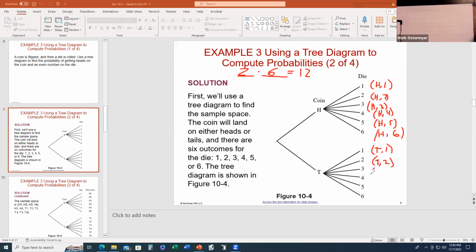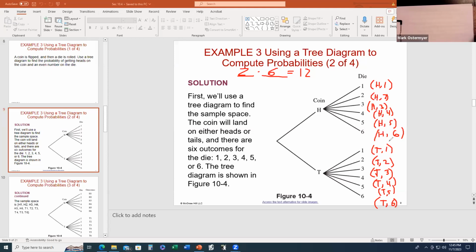Tail, comma, 3. Tail, comma, 4. Tail, comma, 5, or tail, comma, 6. All right, so these are all the outcomes that could occur here.